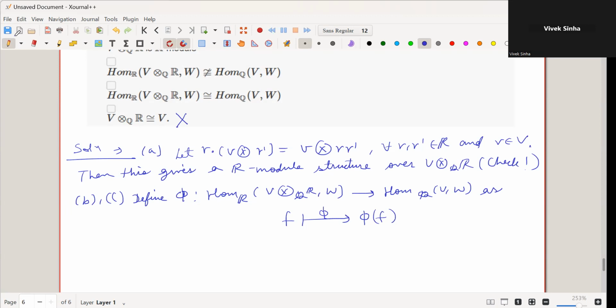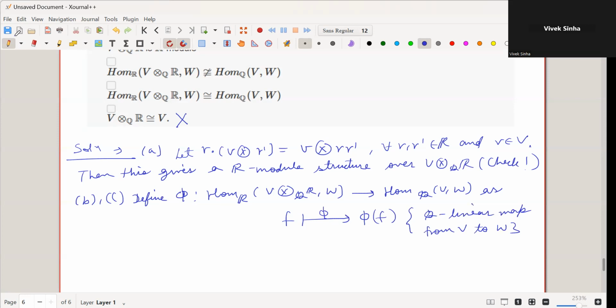So phi is just a linear map. You are considering F as an R linear map from V tensor R to W, and then it's just a restriction of it.